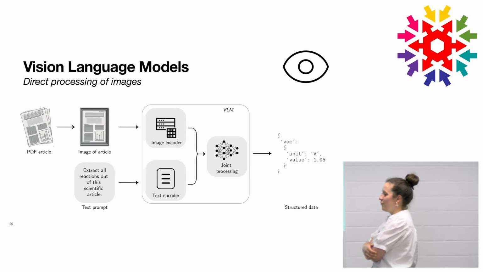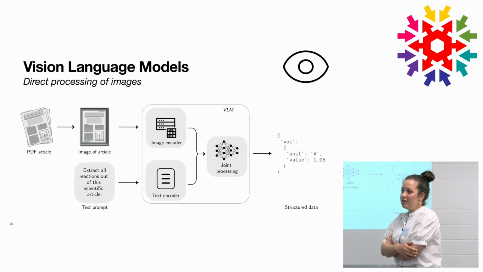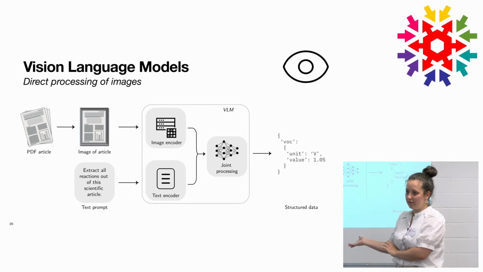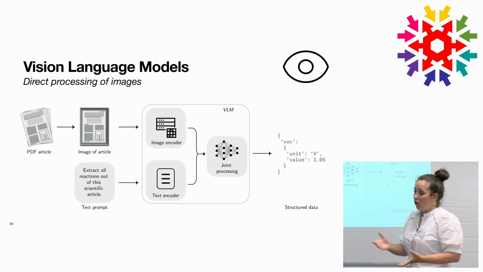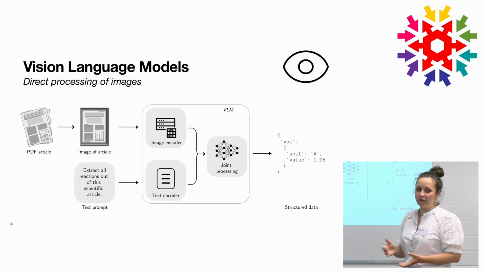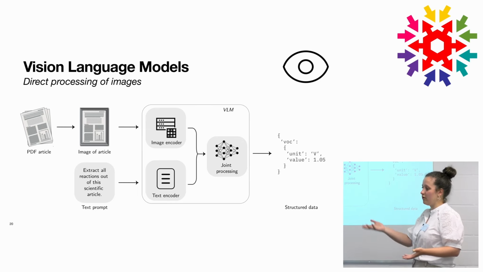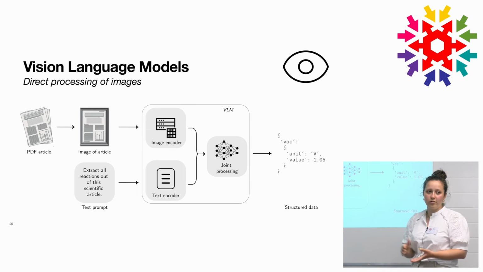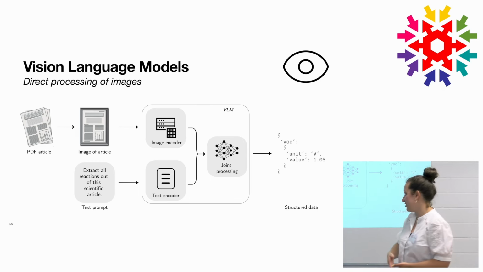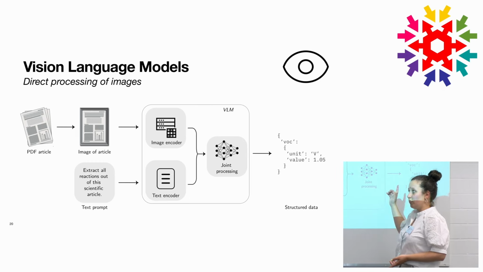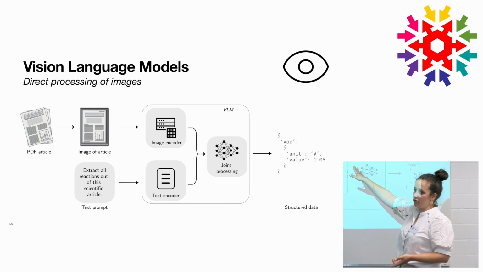Okay, so before I said maybe your tool to convert the PDF to text is not working. Or maybe you also have figures in your publication. I think in a lot of scientific domains, we have a lot of plots, images, or whatever. And maybe the information that you're interested in is in those figures. So what you could do is use vision language models.